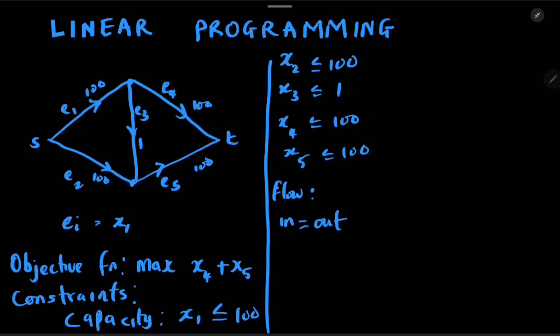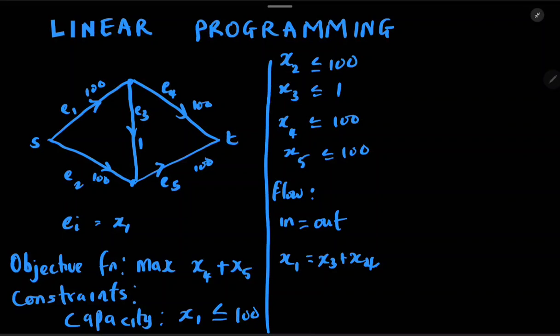So if you look at this diagram, we want x1 to be equal to x3 plus x4, if that makes sense, right? Because whatever goes from the source through x1 cannot be more than what goes out at that same time through x3 and x4. So we have x1 equals x3 plus x4.